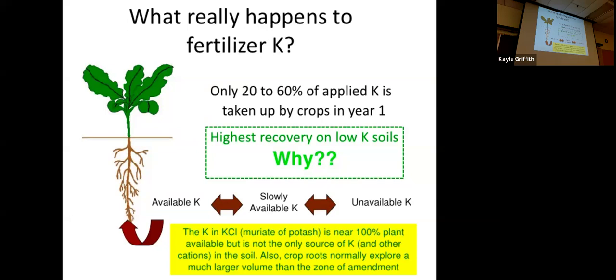So in any given year, you have this natural fluxing in and out of these different pools of materials. You might actually be taking relatively little of your new fertilizer inputs per year and tapping into this natural fluxing pool of potassium in and out of the minerals, in and out of the soil solution. So if you were to trace the potassium going in, you may only be taking up 20 to 60% of that.